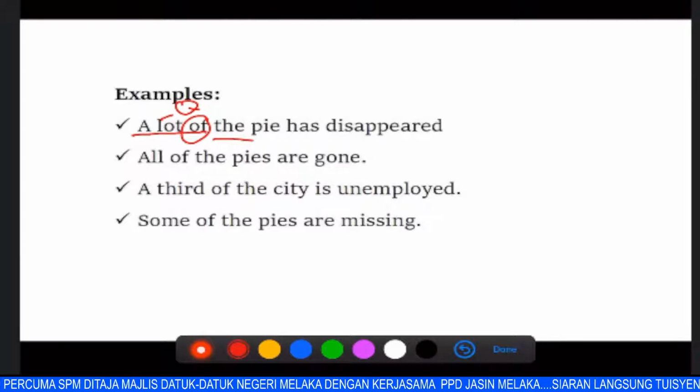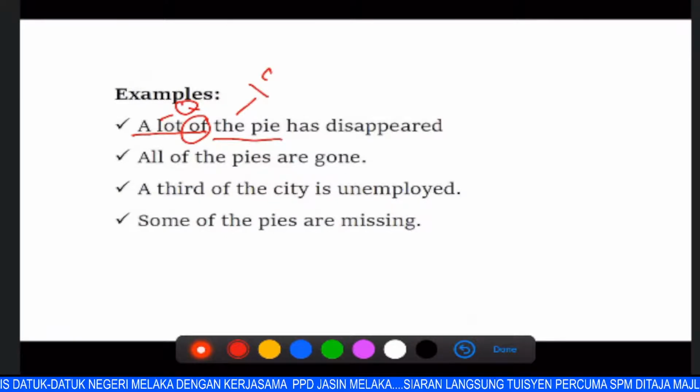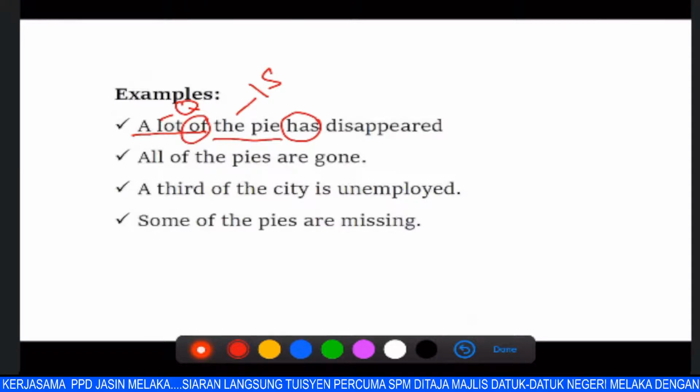Please look carefully. Here, the pie is a singular subject. There is no S there. So a singular subject follows a singular verb, and the verb in the sentence is has. A lot of the pie has disappeared.